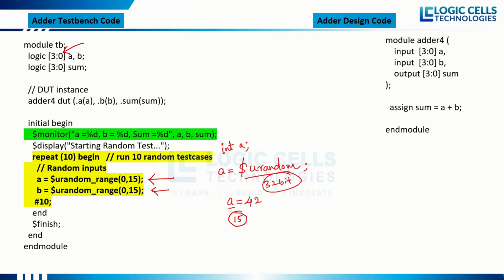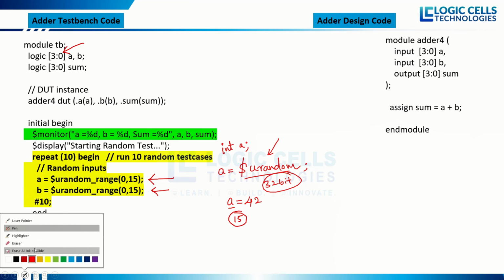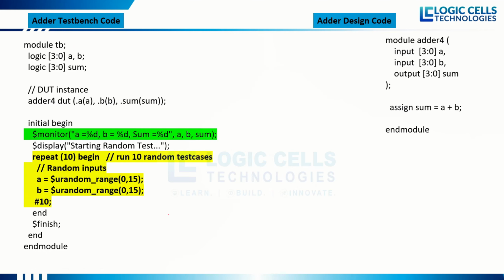Remember this: $urandom is a random number generator, and it will generate a 32-bit value. So we can use $urandom for any variable like this. But here we improvised on $urandom and used $urandom_range.